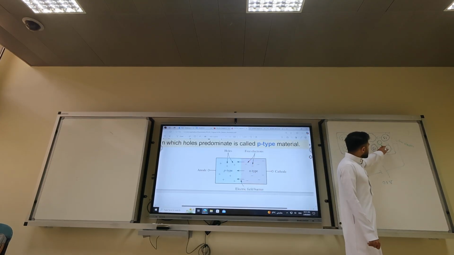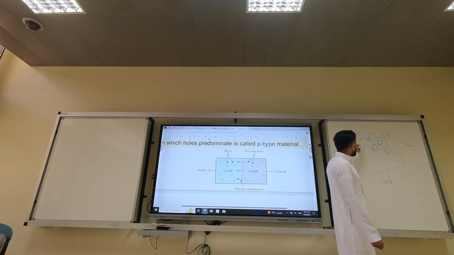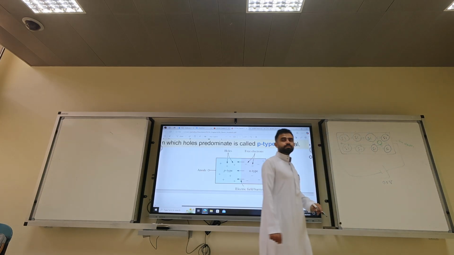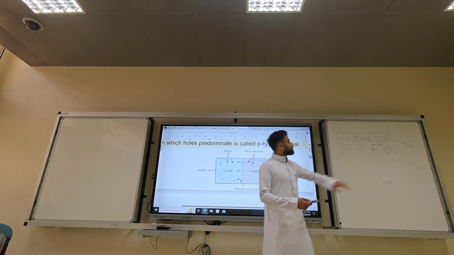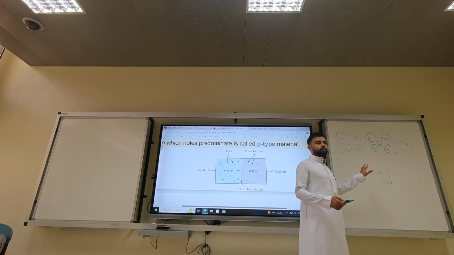But the idea here is, once you have those impurities, if you apply a voltage, this is positive, this is negative, the electron will go to the negative side. On a larger scale, current will be moving.